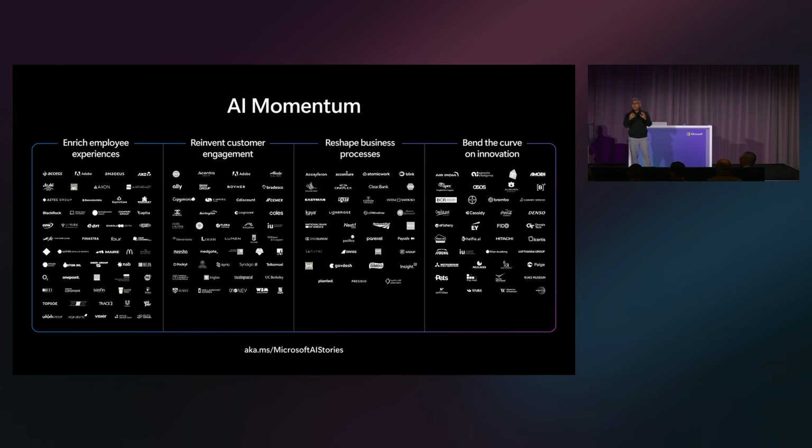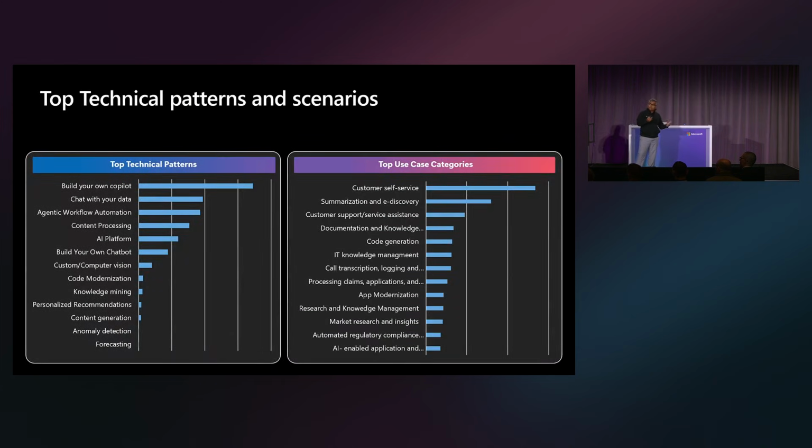So we gave that a run, and what we landed on is something like this, right? So this is our latest snapshot from about November-ish. That snapshot has evolved. And we started to look at it from a taxonomy standpoint. The first taxonomy was on the right, use case categories, pretty well understood, horizontal plus vertical patterns on what were meaningful for the customer. Unsurprisingly, things like summarization and customer self-service still rule the roost. And on the left-hand side, we started to see some common many-to-one building blocks or technical building blocks that form these patterns of value.